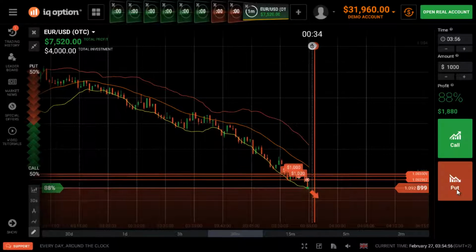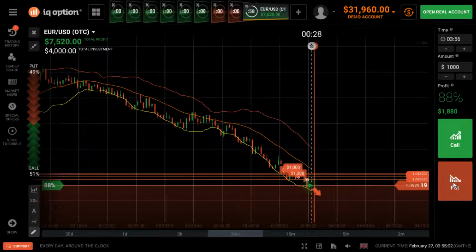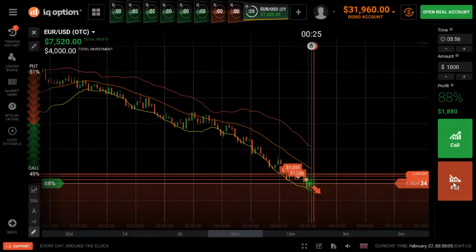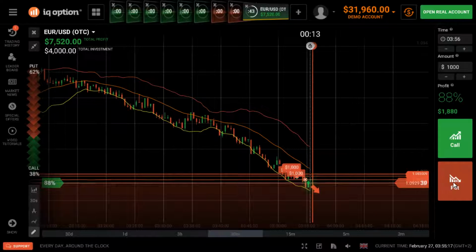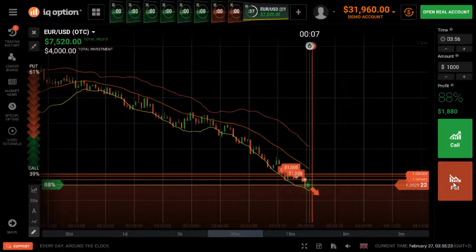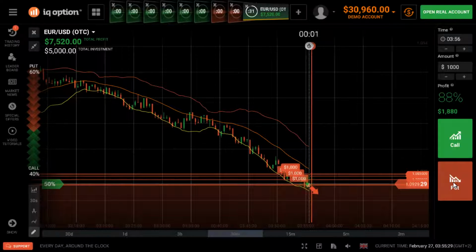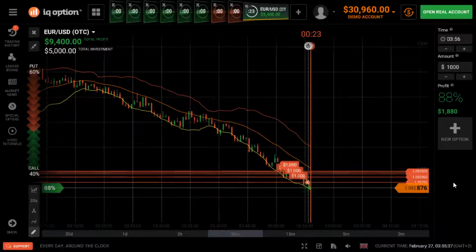Right now the candle is not that fast, very slow, halting quite a long time from moment to moment. And as you can see, euro has been falling every minute.